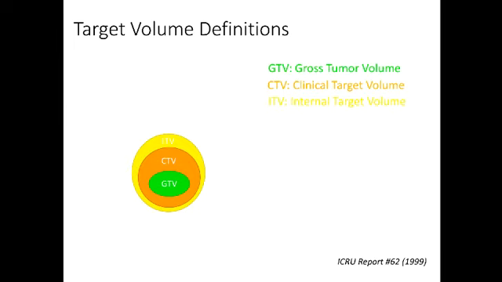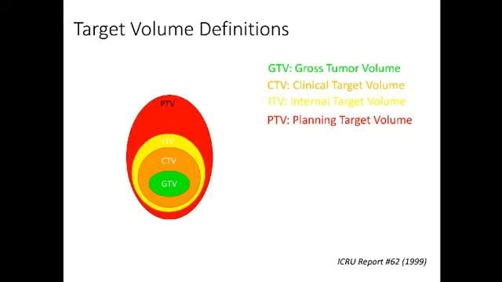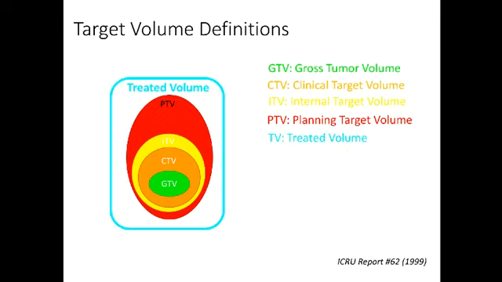Then there's an internal target volume that accounts for motion of the tumor, physiological and other effects. And then finally, there's a planning target volume, a PTV, that accounts for the setup uncertainties and a margin to make sure you treat the intended target.